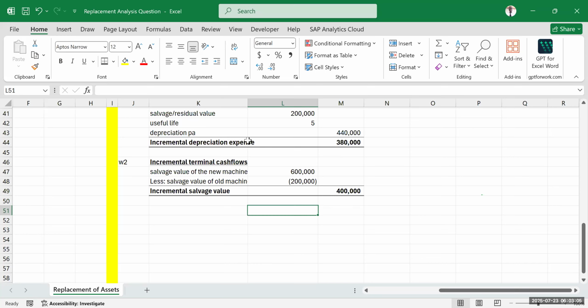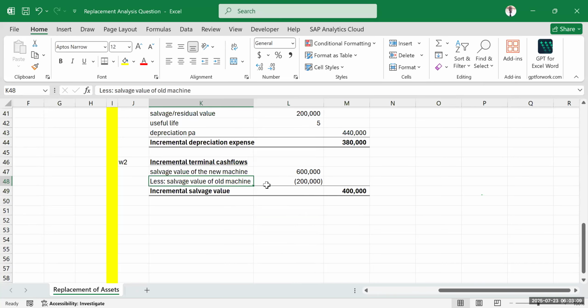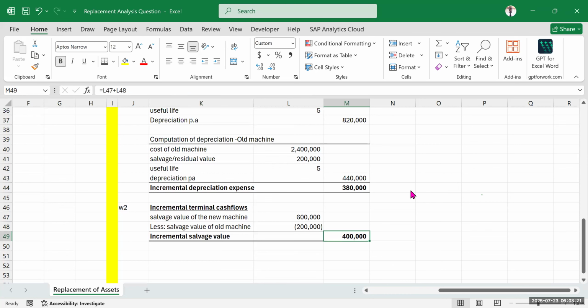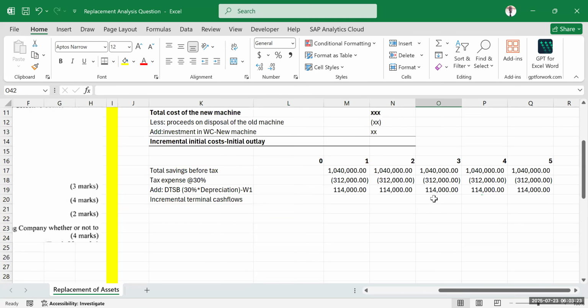Members, I hope you get that part. Because in this question, we don't have any working capital mentioned, so we don't have to worry about that. But if it was there, working capital is normally recovered in the end. So for now, our incremental salvage value is 400,000. So we go and take care of the incremental terminal cash flow. And remember, terminal cash flows is realized at the end of the project life.